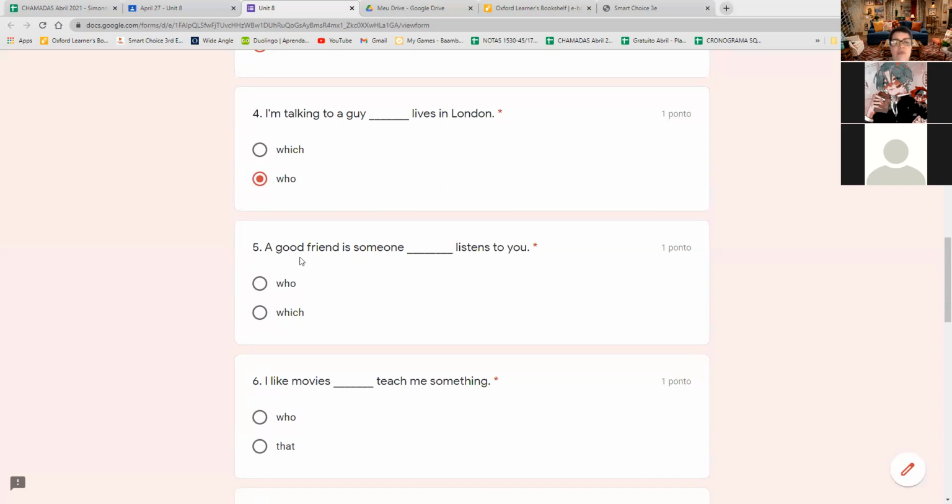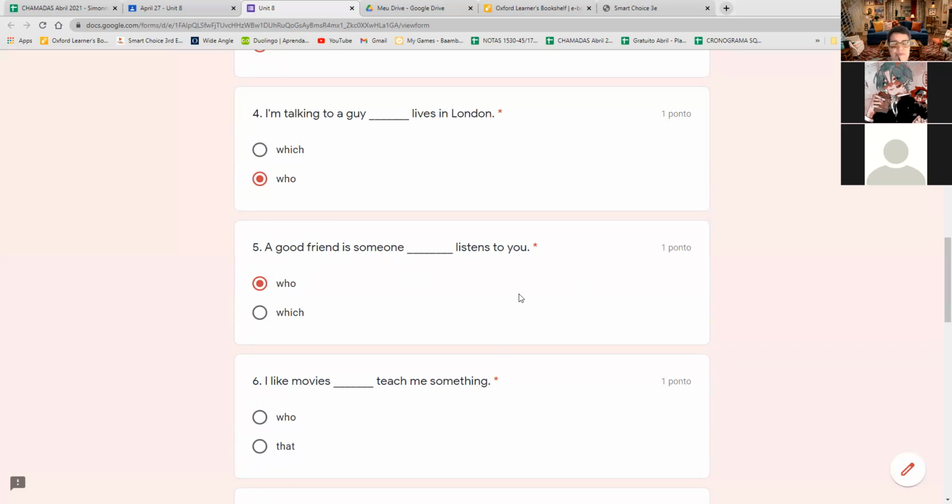I'm talking about a good friend. So a good friend is a person. So here, which one do I use? Who or which? Who? Can you repeat, please, Annalise? Who? Very good. Excellent. I use who because I'm referring to a person. So a good friend is someone who listens to you.